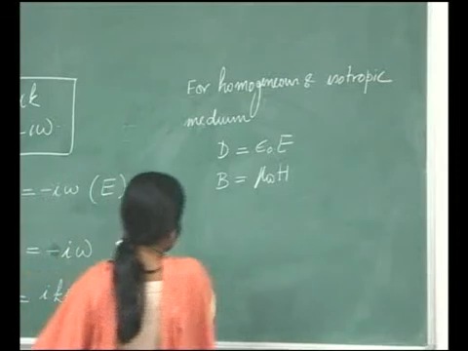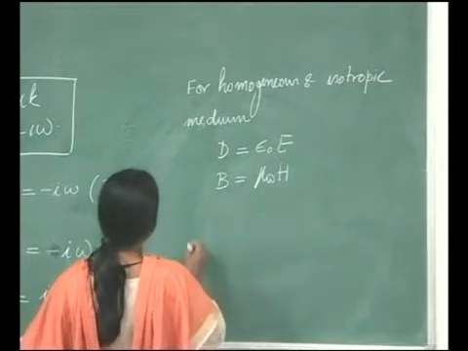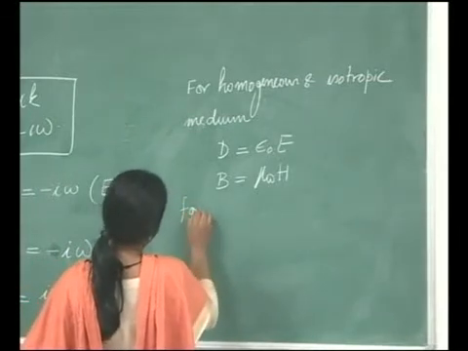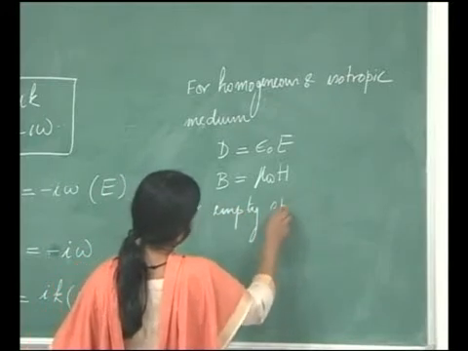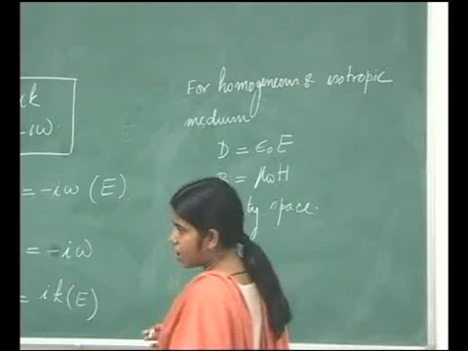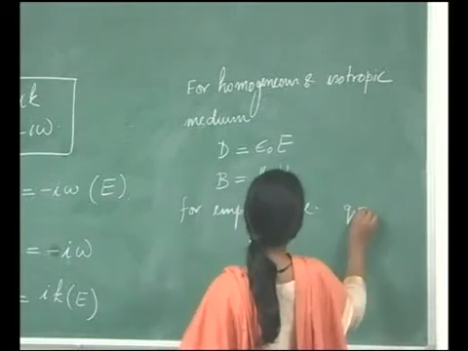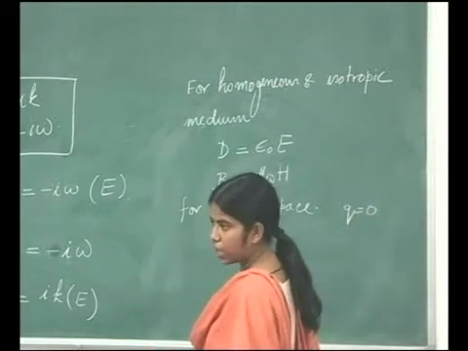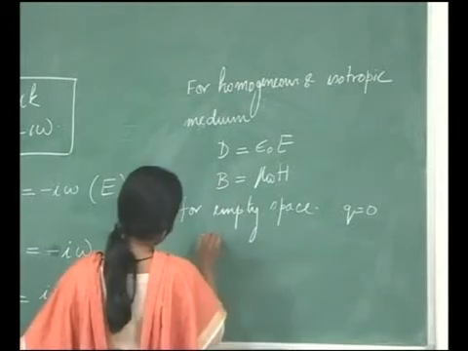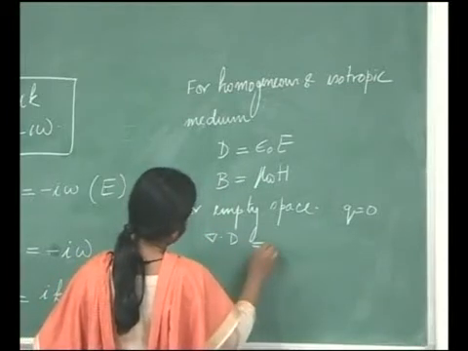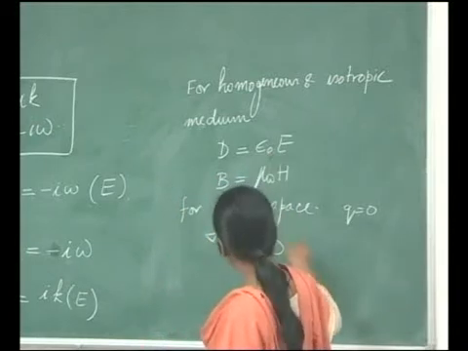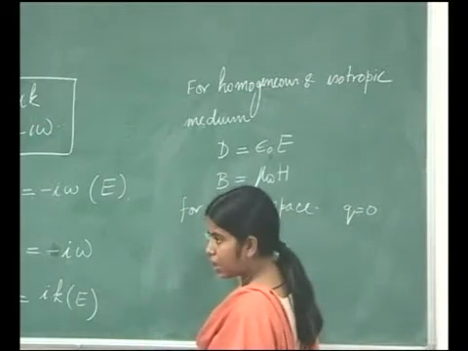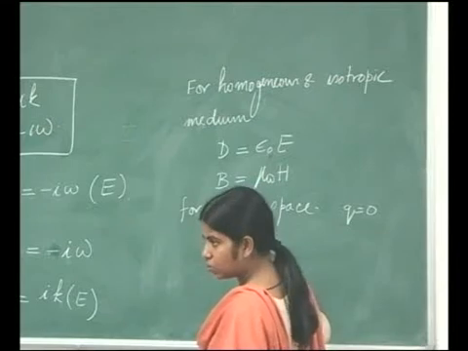Now I write down the Maxwell's equations for free space, or empty space, where the charge q is 0. Then del dot D is equal to 0, because D is equal to epsilon naught E, so I take q upon epsilon naught and get del dot E equal to 0.